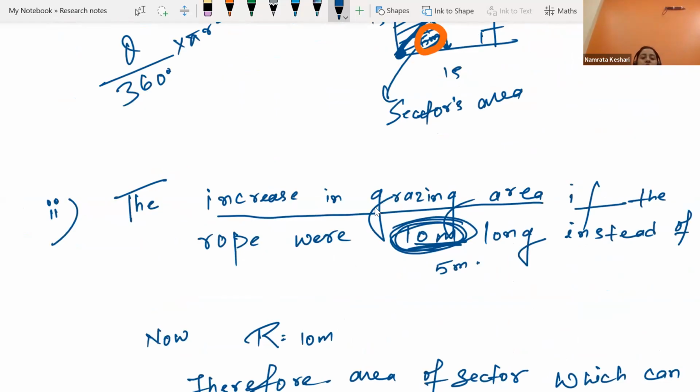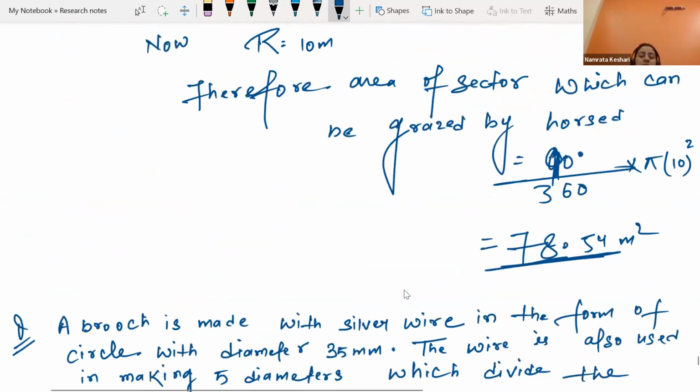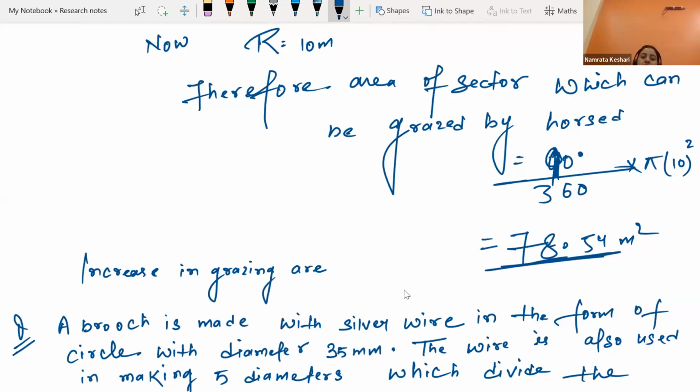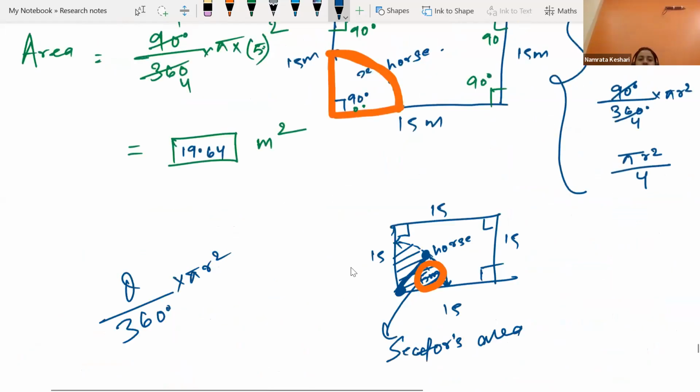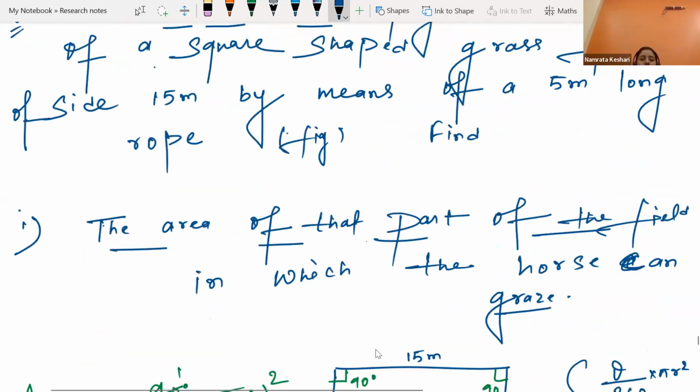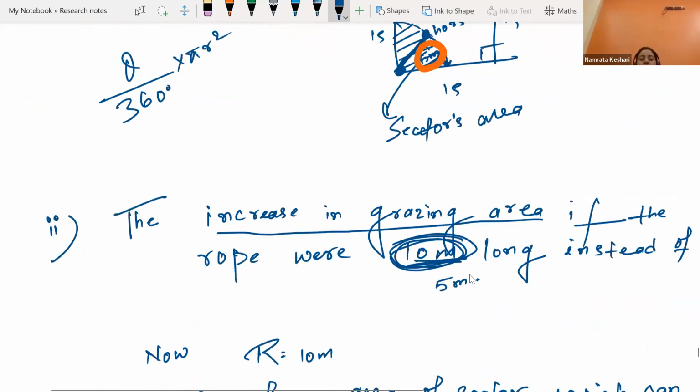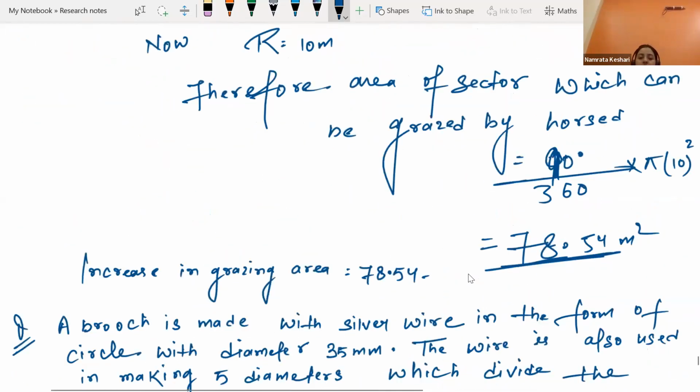So the increase in grazing area will be 78.54 minus 19.64. Do the subtraction, and that will be the increase.